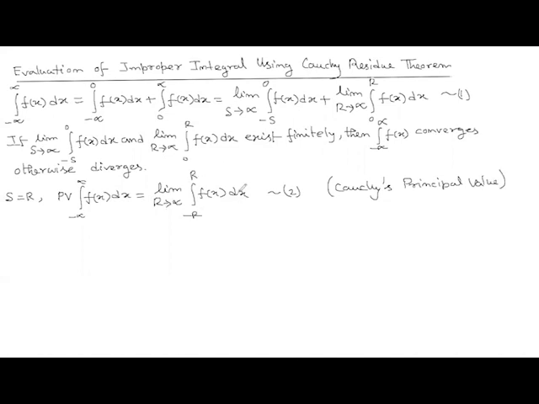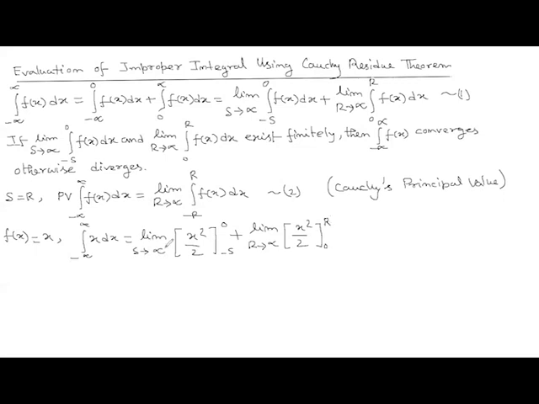Now, the existence of this limit does not imply the existence of this integral. For example, if we take f(x) equal to x, and if we apply expression 1 to evaluate this, we'll get limit s tends to infinity, x square by 2 from minus s to 0, plus limit r tends to infinity, x square by 2 from 0 to r.